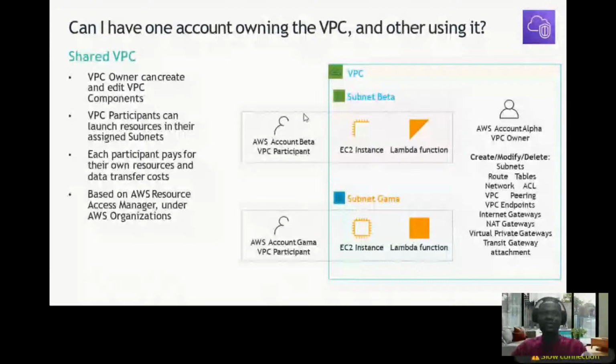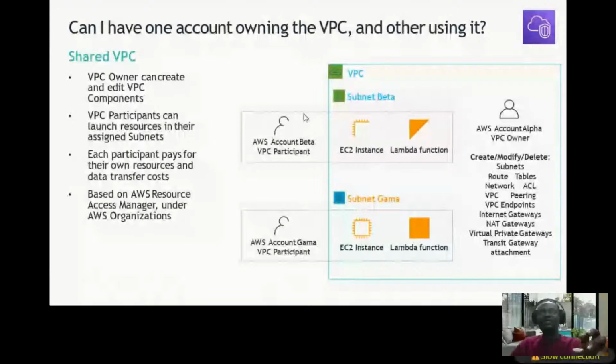So we have the VPC owner and the VPC participant, which is the other AWS account, which can assign resources into the shared subnet. Each must pay for their own resources and data cost. This is based on AWS Resource Access Manager under AWS Organizations, so it can be centrally managed there.